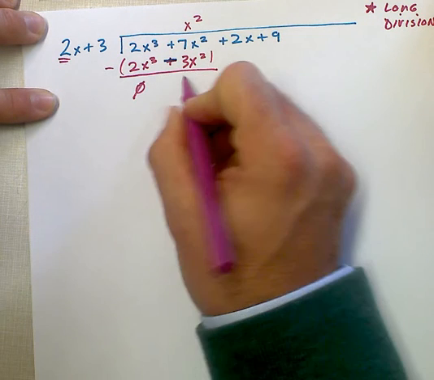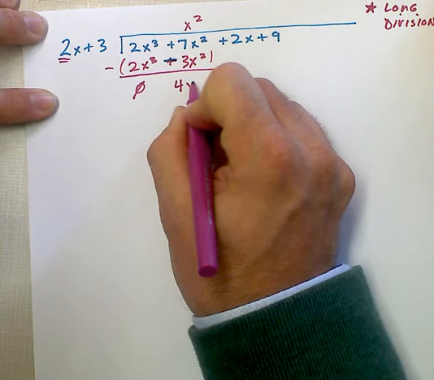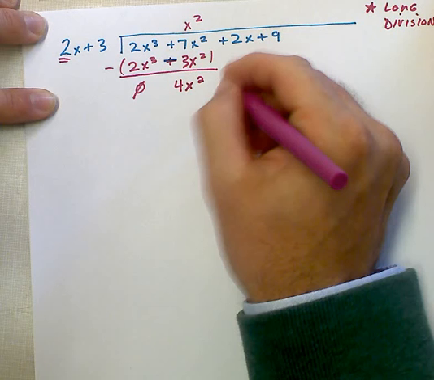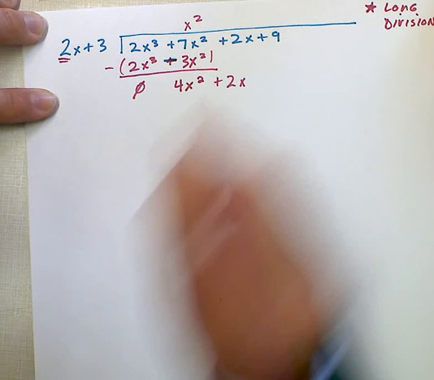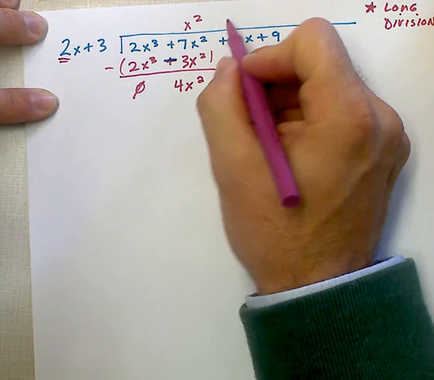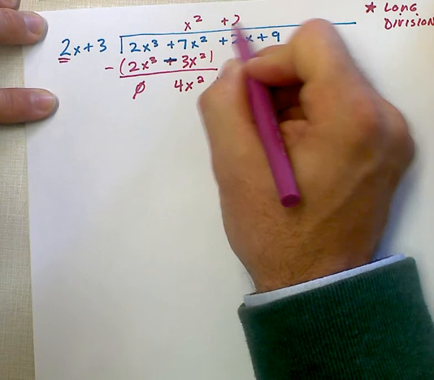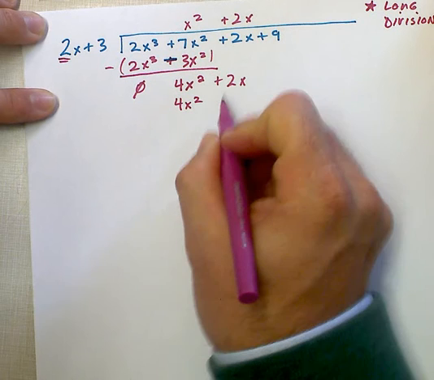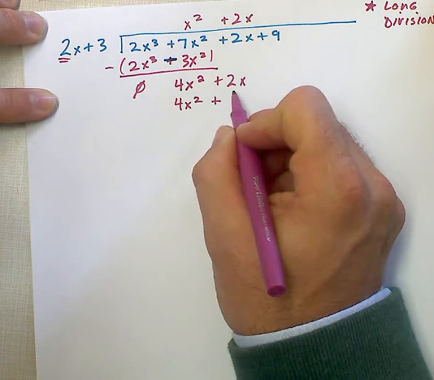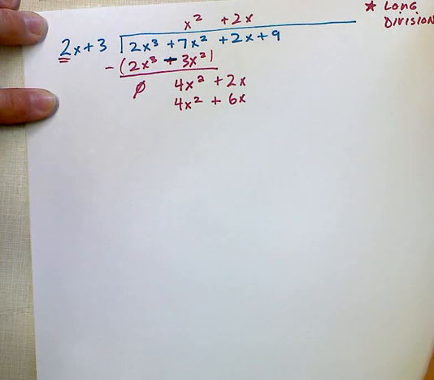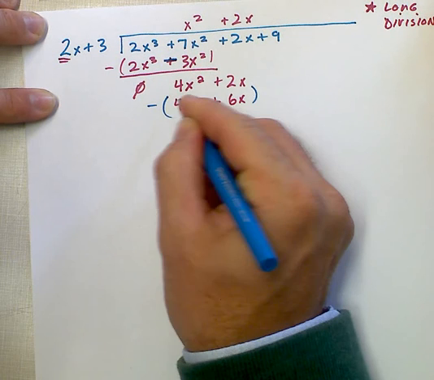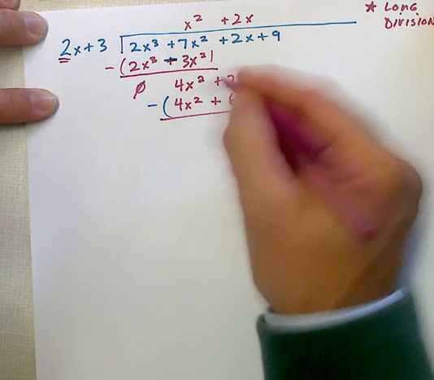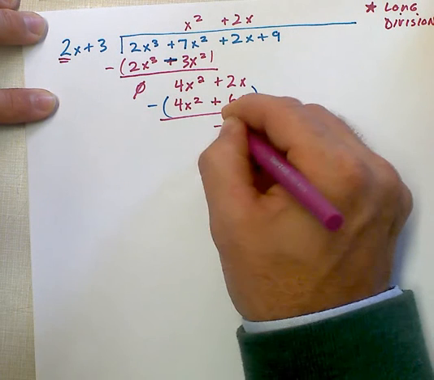This will give me a 4x squared. And then I want to bring down the 2x. So if I want to get rid of this, I'm going to multiply by positive 2x, which would give me a 4x squared plus, let's say 6x. Sign changes. This becomes a negative, this becomes a negative. This will cancel out. I'll end up with a negative 4x plus 9.